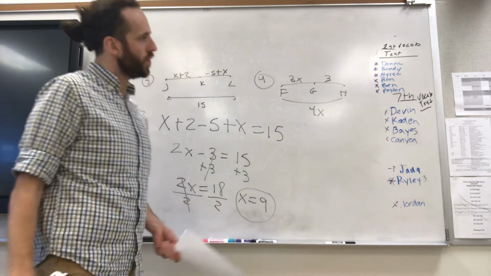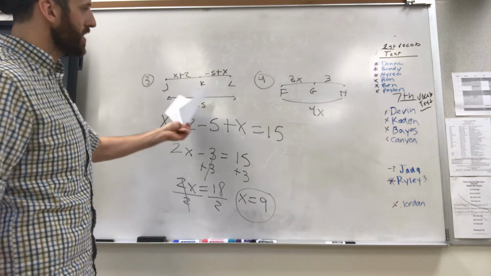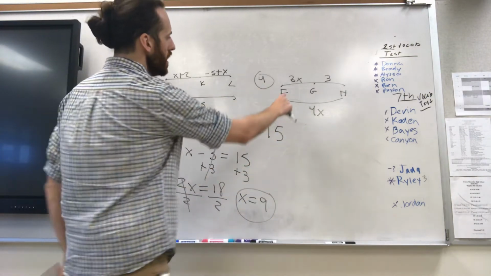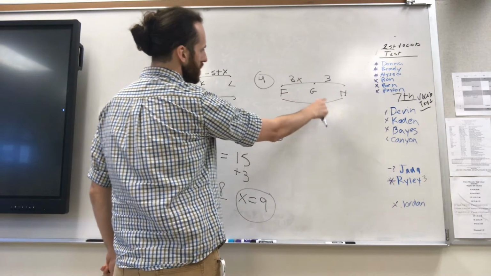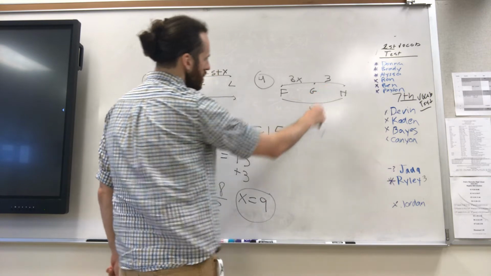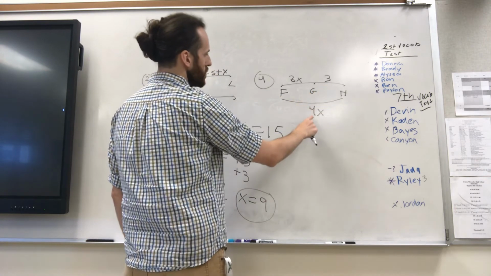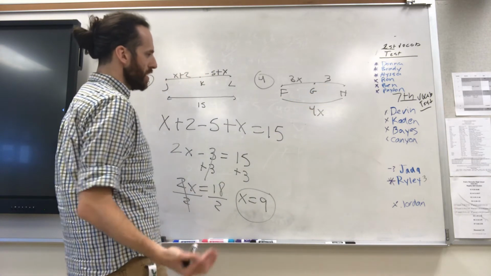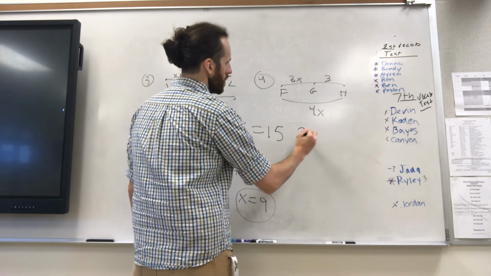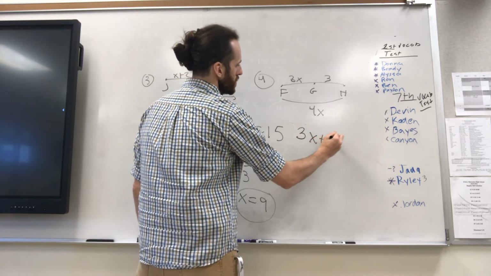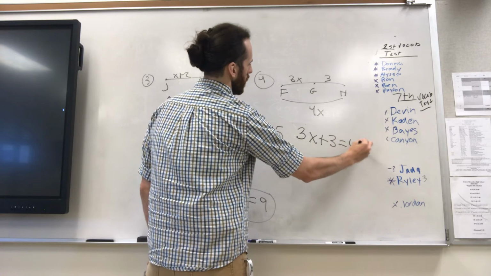So I set up the exact same way I did before. FG, this value, plus GH, that value, equals the whole thing, which is 4x. So I set up my equation: 3x plus 3 equals 4x.